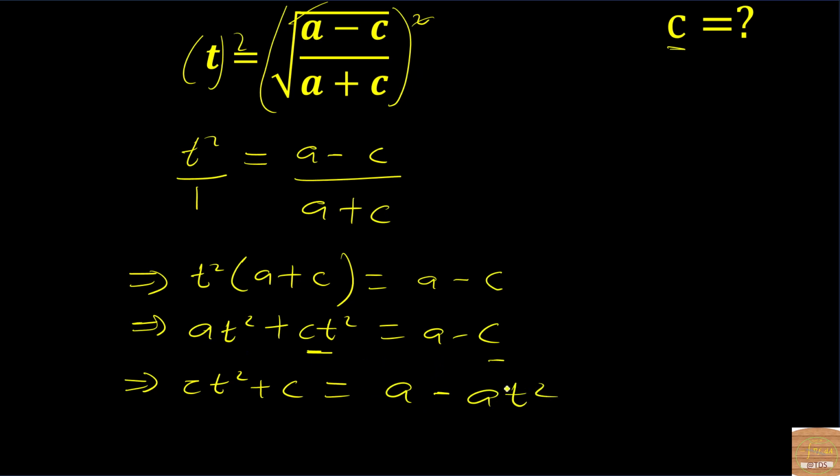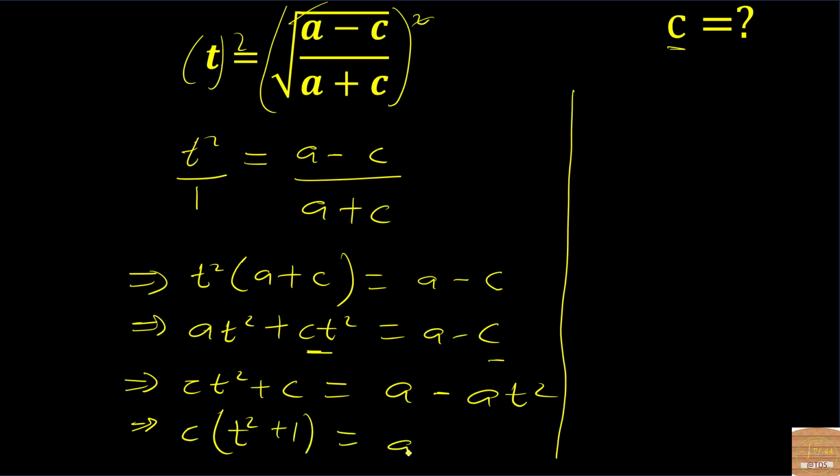Let me take c out on my left. So I have c times t squared plus 1 equals a minus a t squared. Let's divide both sides by the coefficient of c.